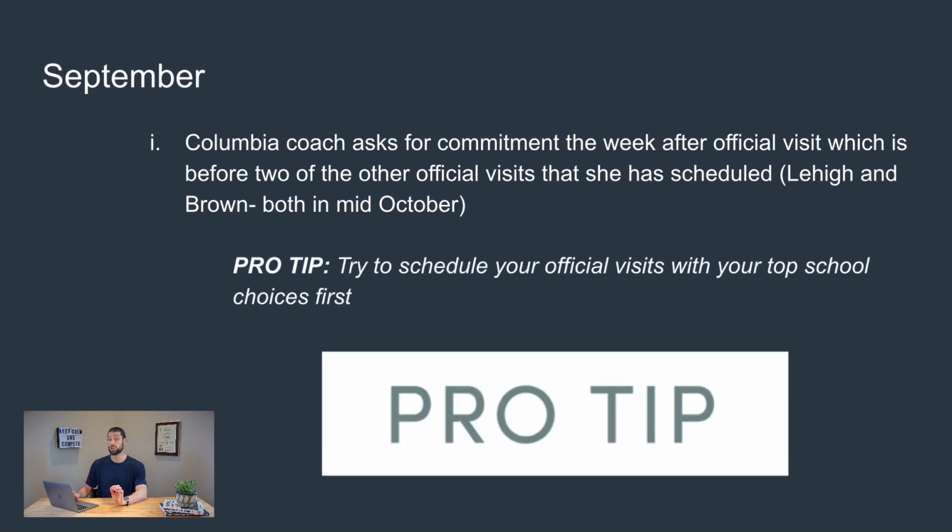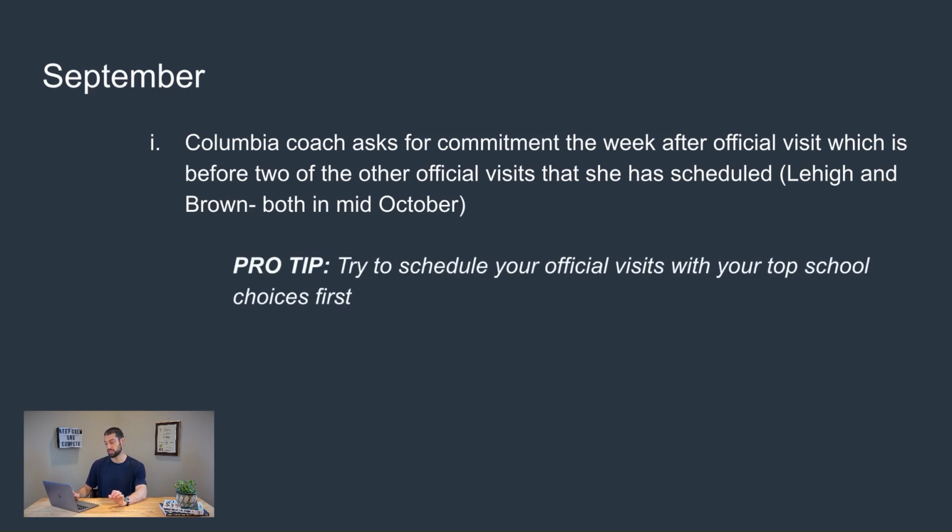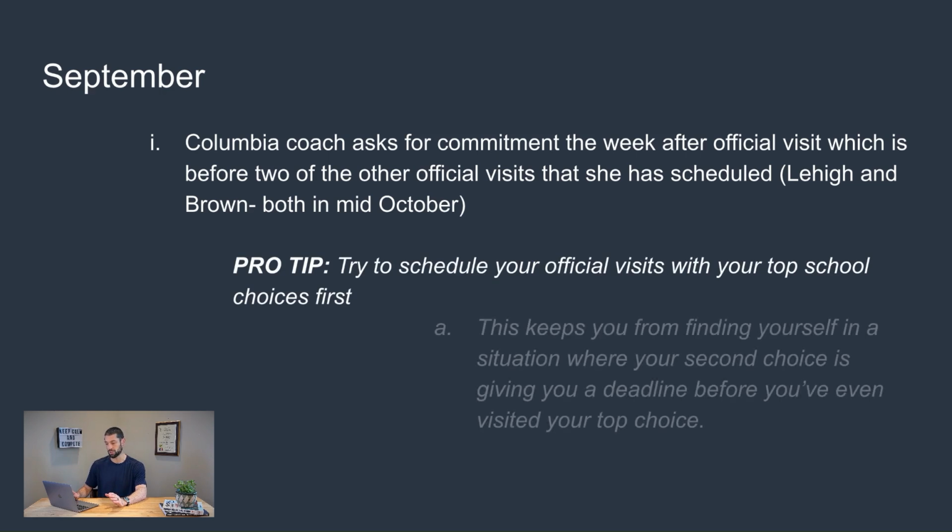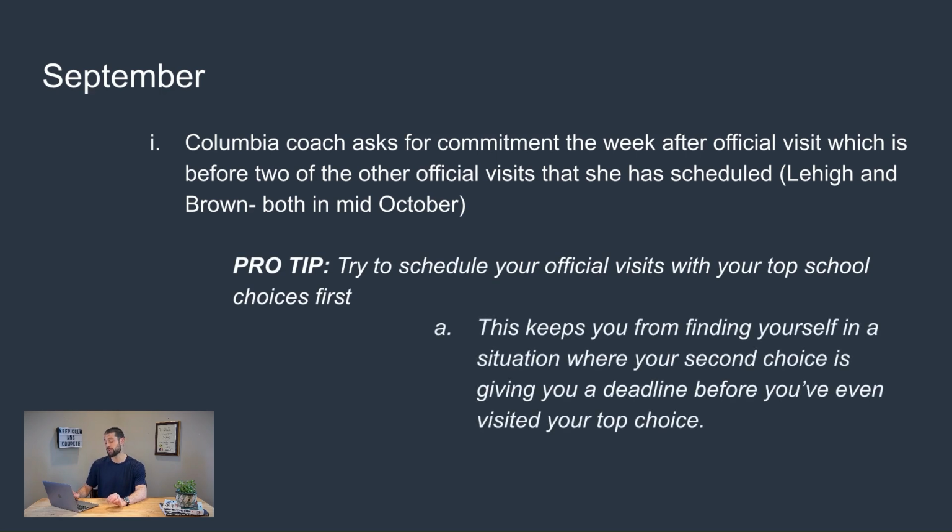Pro tip: try to schedule your official visits with your top school choices first. This is going to keep you from finding yourself in a situation where your second choice is giving you a deadline before you've even visited your top choice. So Columbia is giving her a deadline before she's visited Lehigh or Brown.